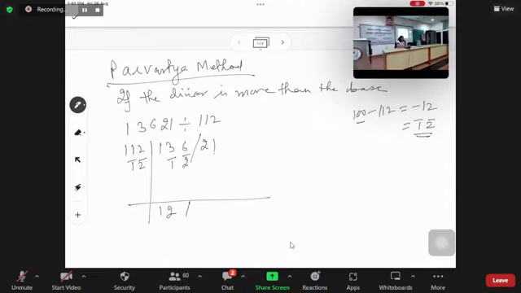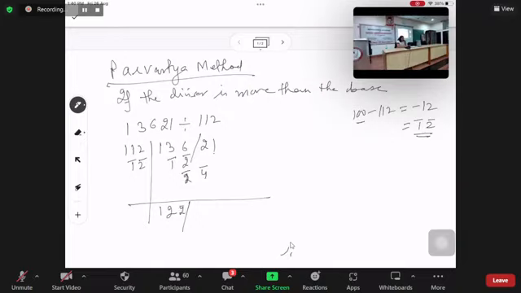Okay, put a slash. 2 into 1 is 2 bar, 2 into 2 is 4 bar. 6 minus 4 is 2.